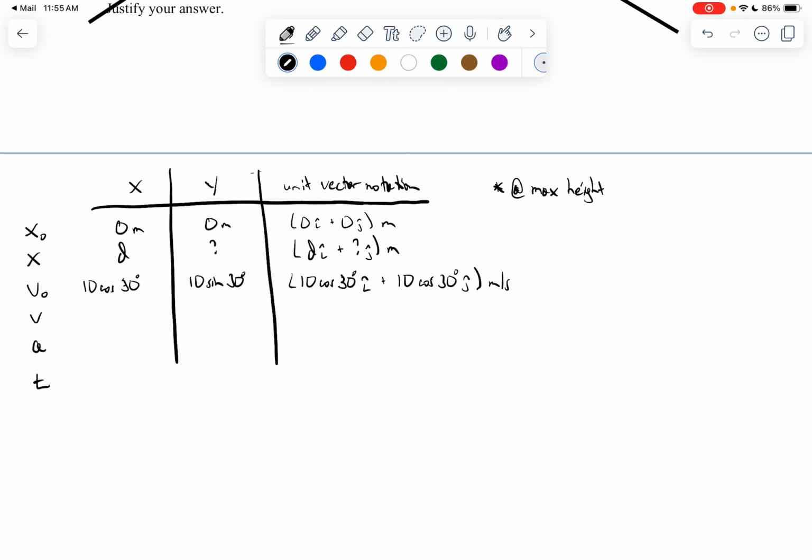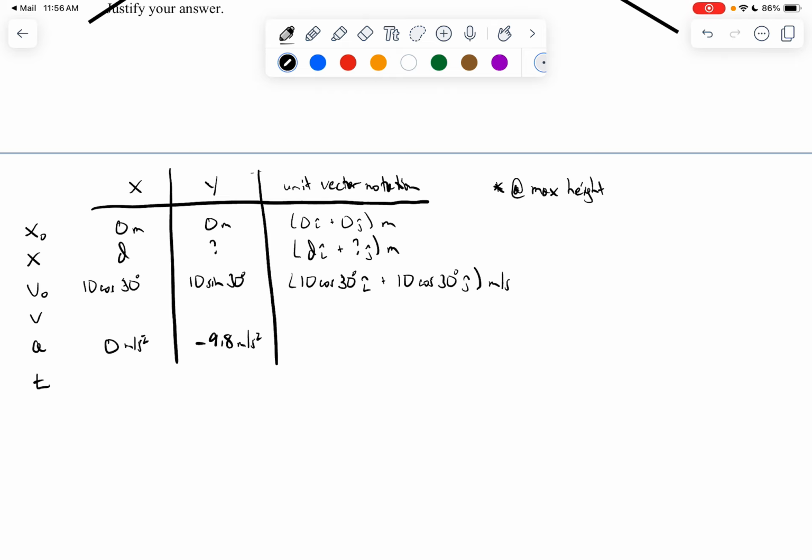For our final velocity, again, we know anytime we're dealing with projectile motion, our acceleration is going to be 0 meters per second squared in the x direction. It's going to be negative 9.8 meters per second squared in the y direction.